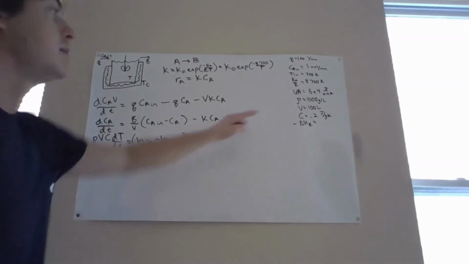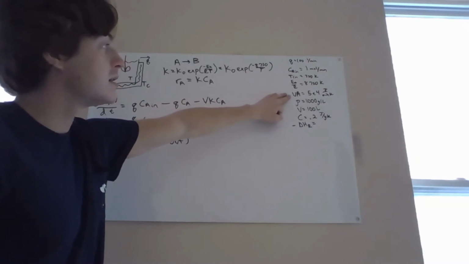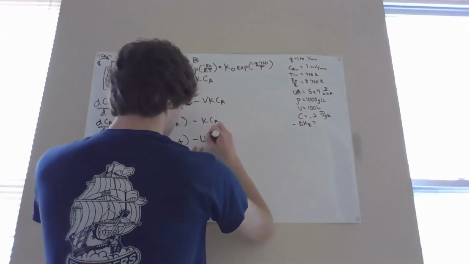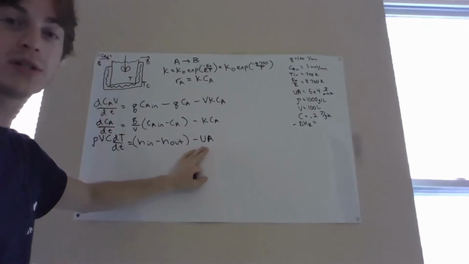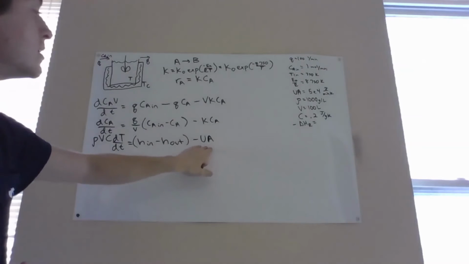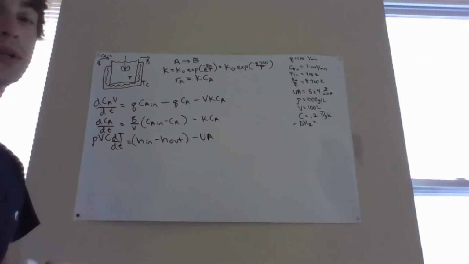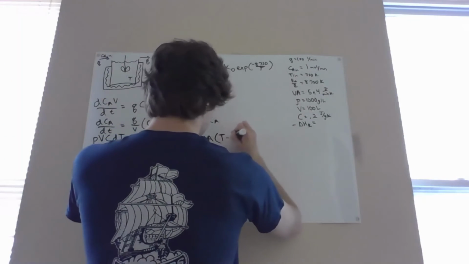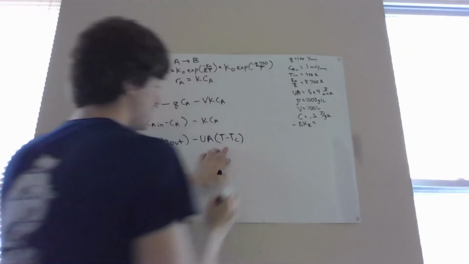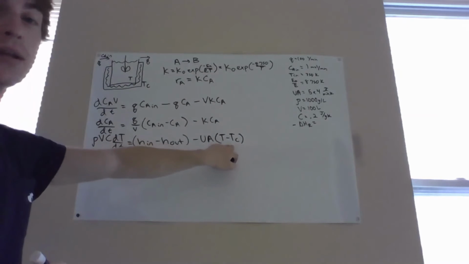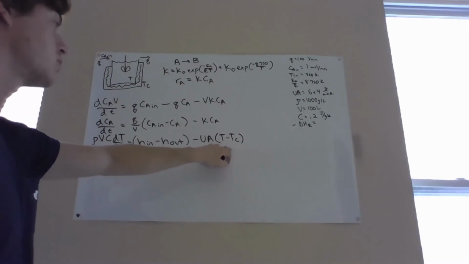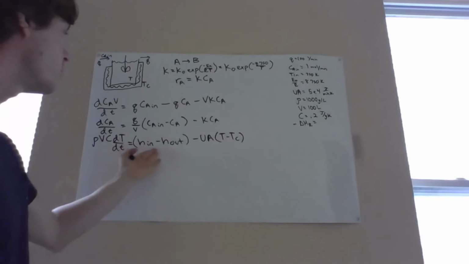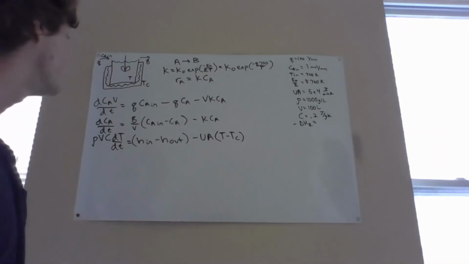So we're given a transfer constant of UA, and we can express the heat transfer between the cooling jacket and the reactor by this constant times the difference in temperature between the cooling jacket and the contents in the reactor. So the bigger the difference in temperature, the faster the heat will transfer to the cooling fluid. So now we need to get at the change in enthalpy of the system.